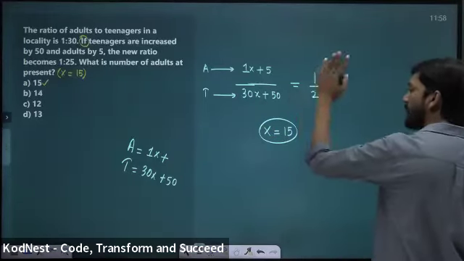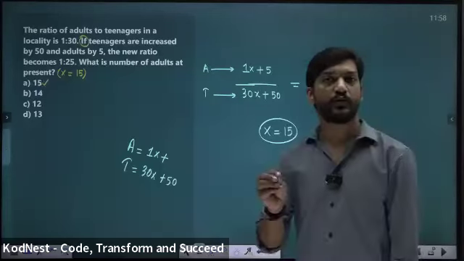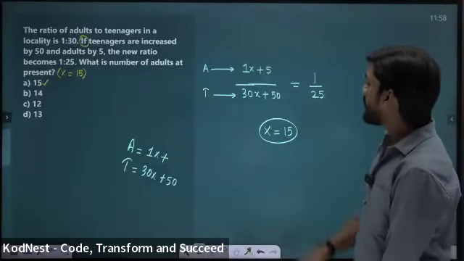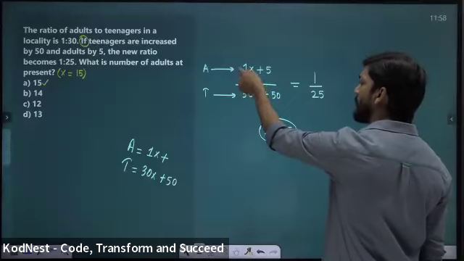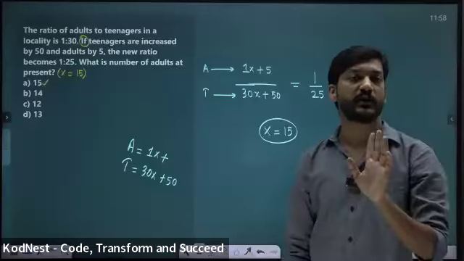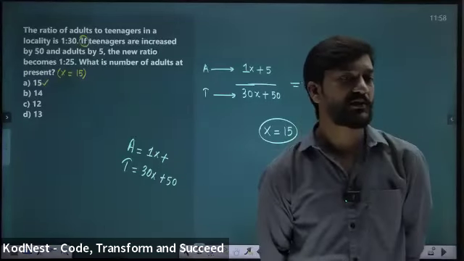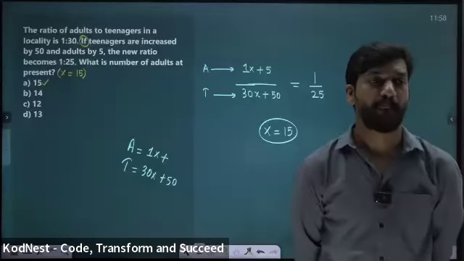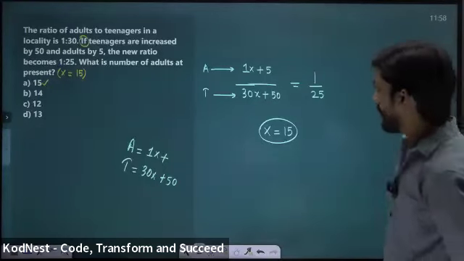Now you have written the equation. So you know what value is what. In this equation, what is the adult value? Is it 1x, 1x plus 5, 30x, 30x plus 50? What is adult value? You know it. So answer please. What is adult's value? 1x.